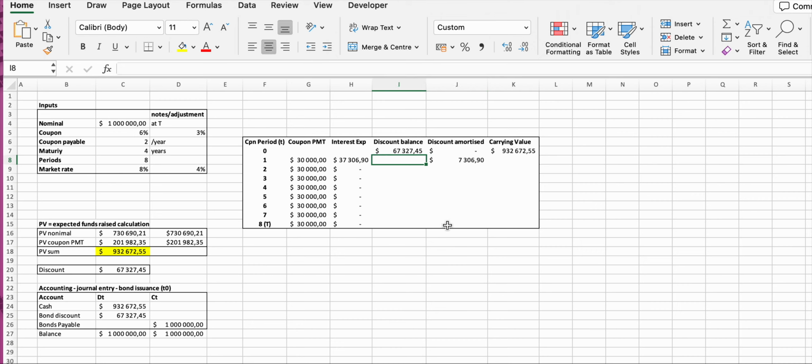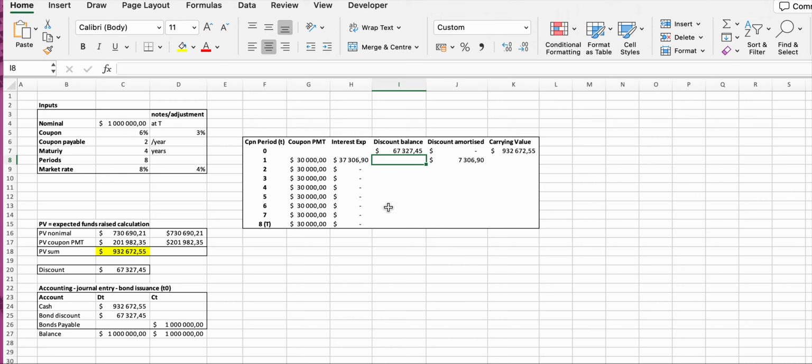And this amount is crucial, because it will be slowly transferred from the discount balance into the carrying value of the bond. So during the first interest period, we need to pay in cash 30,000 euros. We incur interest expense of 37,000 euros. The interest expense is higher than the cash outflow, which makes sense because the bond is issued at a discount, meaning that the market rate is above the coupon rate.